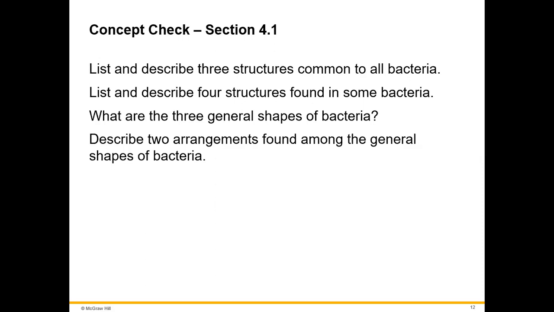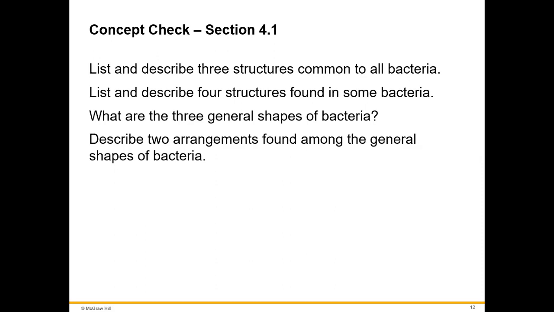What are three common structures that all bacteria have? Anybody? Okay. Three common. Cell membrane.